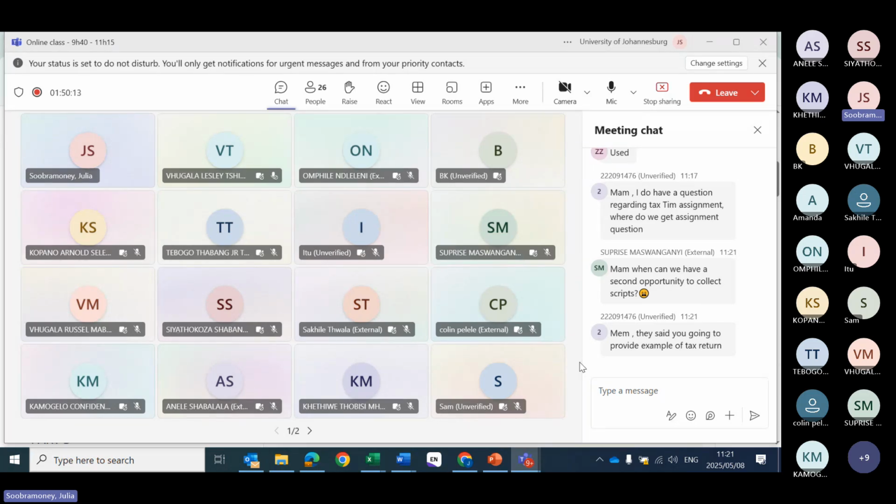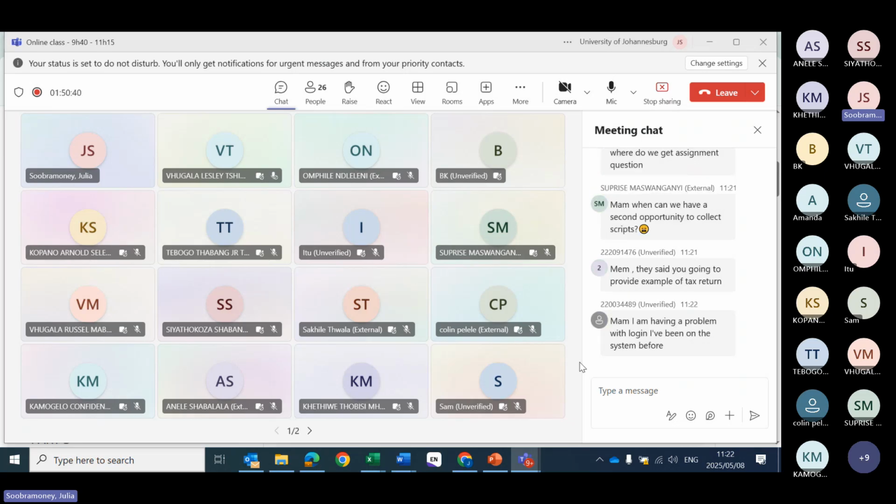Is this business? What was the sales amount? So you're going to input all that information. And at the end, you're actually doing the tax return by answering all the questions. And that is what happens in reality. When you go into eFiling and you're doing a company's tax return, it asks you all those questions that you need to input. And once you've inputted the last thing, and you say submit, you have actually generated your return. Okay.